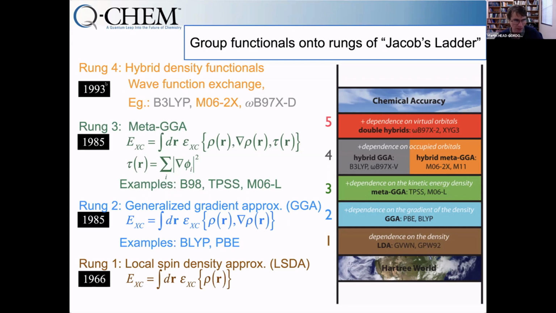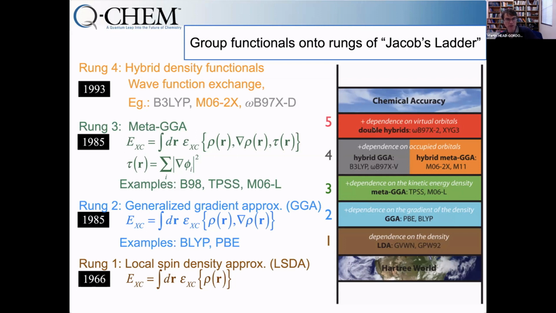And the adiabatic connection tells us that exact exchange must contribute to the exact functional. And so chemists and condensed matter physicists have built exact exchange into density functionals in various ways, and that defines hybrid GGAs and hybrid meta GGAs.